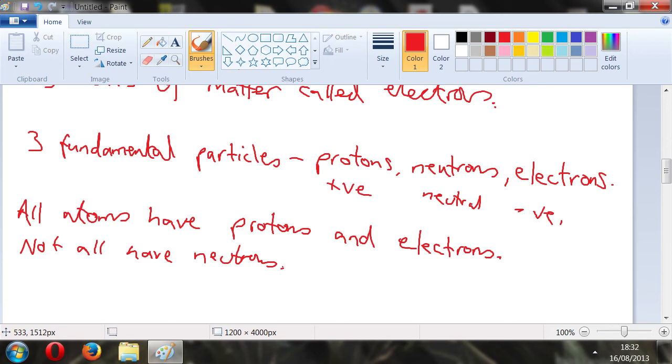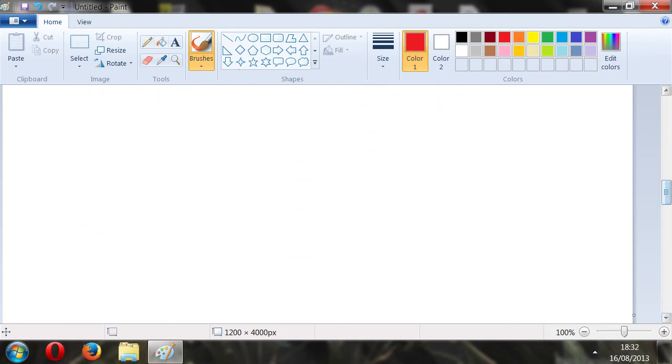I might draw this in a different color, so we'll do a regular blue here. Let's look at carbon. So we're going to have a proton here, here, neutron, proton.